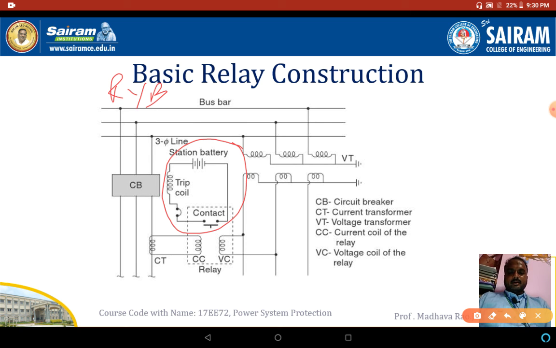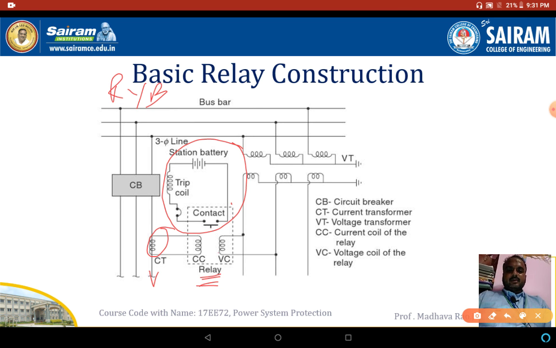Here is the current transformer secondary coil, and this part is the relay. So whenever over current flows through this line, the current transformer coil will sense the current value and immediately send a signal to the relay.